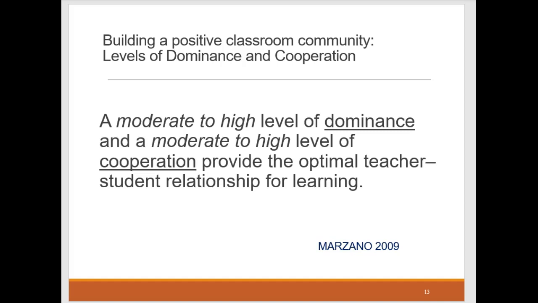According to Robert Marzano, who's looked a lot at what makes classrooms function smoothly and whose guidelines are some of the principles we use when we look at teacher evaluation, we look at the Danielson model and the Marzano model often when we're looking at best practices in teacher evaluation. What works best in terms of building a positive classroom community is to have a moderate to high level of dominance paired with a moderate to high level of cooperation.